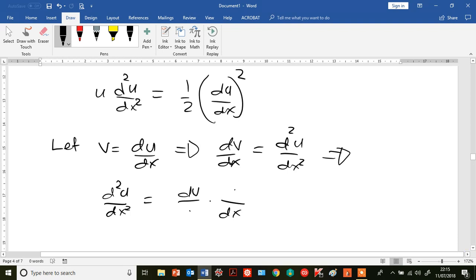The trouble is, if we substitute dv by dx back into this, we end up with a u, a v, and an x, and a v there. But we don't want three variables, so we use this dependent variable u and write du there and du there in the denominator.